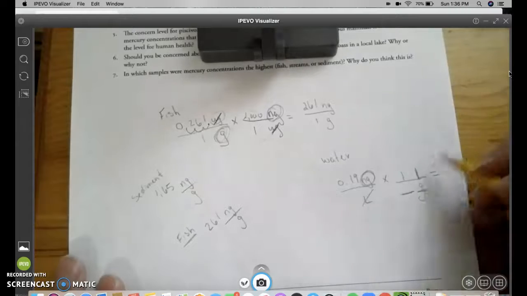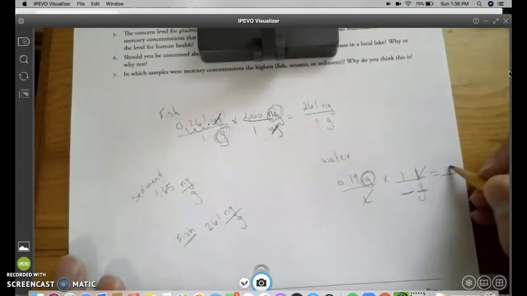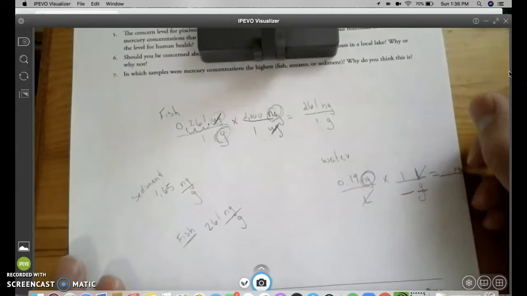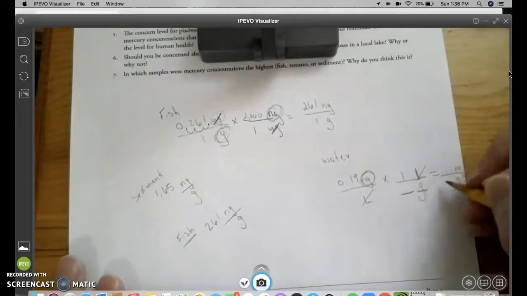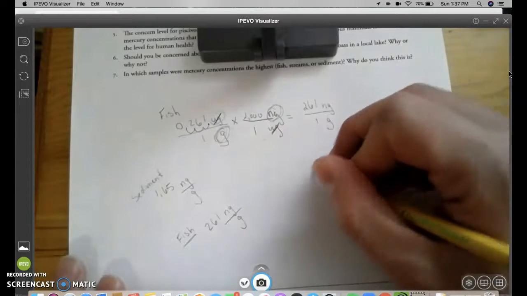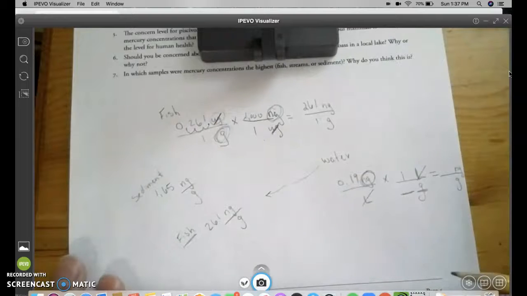The liters are going to cancel. You're going to be left with nanograms over grams, and then you're going to be left with a number, right? So then it's going to come to nanograms over grams, and then you're going to have a number here and here, and then you're going to have to compare this number, right, for water to your numbers for fish and sediment to see which one is the highest.